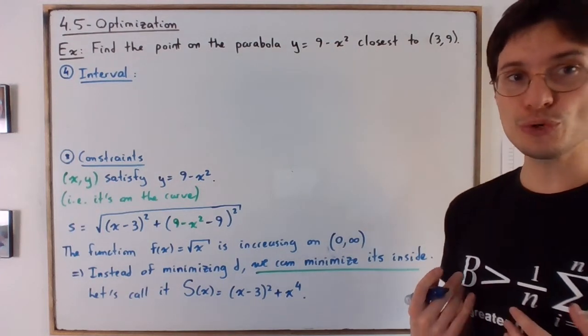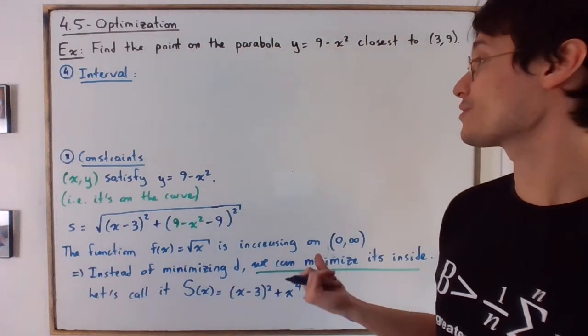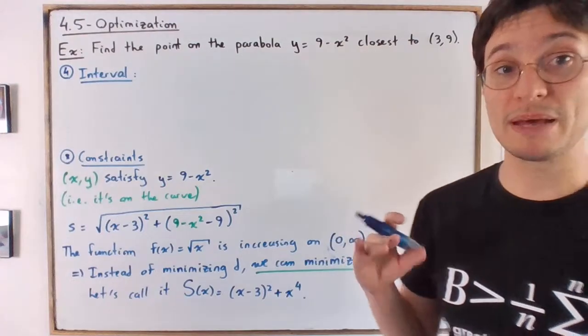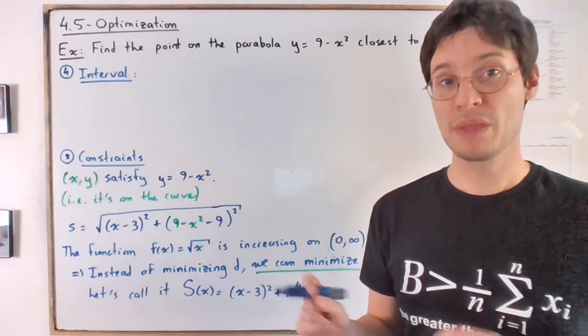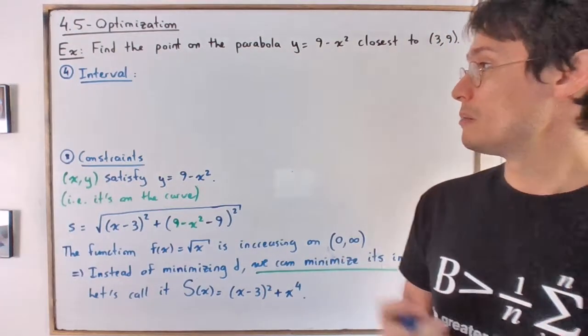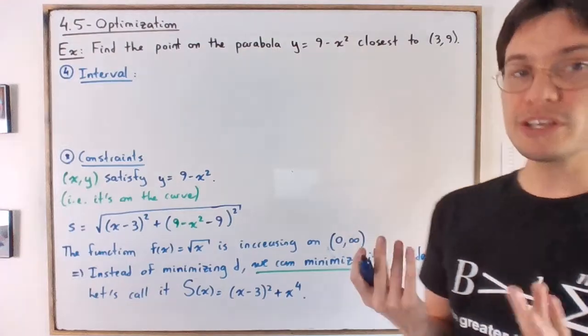One thing that we could do is we could actually minimize on the interval from 0 to infinity, because it's obvious by the symmetry of the problem that the point won't be on the negative part of the parabola. But let's suppose that we don't know that, and worst case scenario, we're going to use it later on.